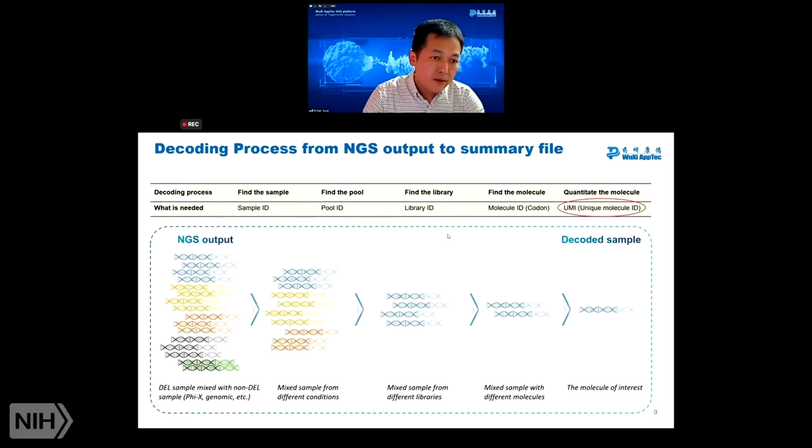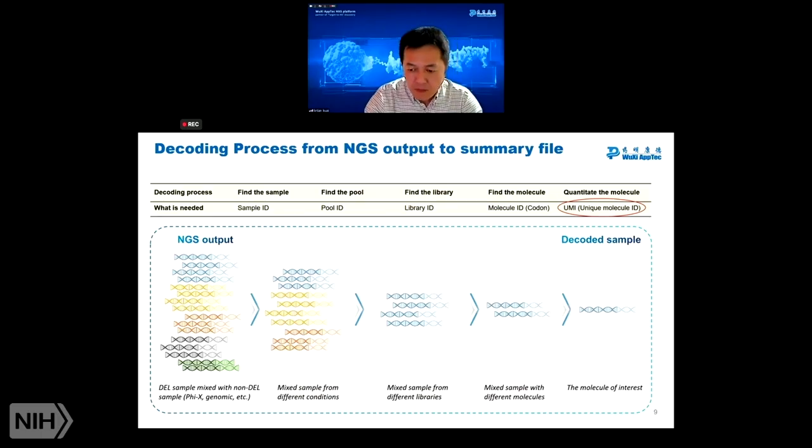So after we get the sequences from the sequencer, obviously there will be data cleanup. I want to highlight what the data flow is here. First, you need to get rid of the sequences that are not related to DEL, and there is phi-X filler in these samples. By the way, the reason is that DEL structure is very patterned, and the sequencer doesn't like having the same nucleotide at any position.